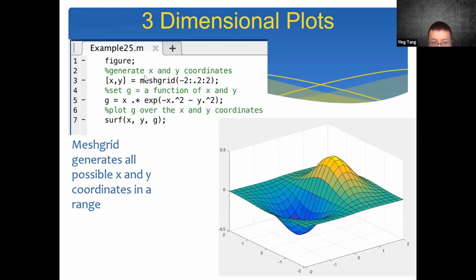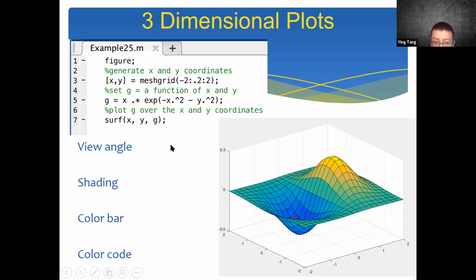And you can adjust the range of x, y, by meshgrid. Here, meshgrid means we have a square mesh for x, y, and then we use surface to plot the 3-dimensional surface. So you can also change a lot of options. You can try to change the different visual angle, shading, and color bar, which we will introduce in a moment. Please try to plot this in example 25 first.